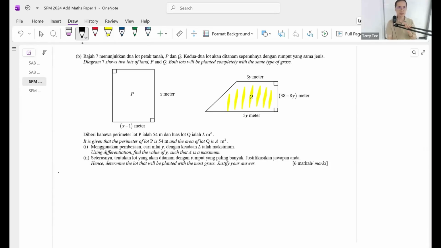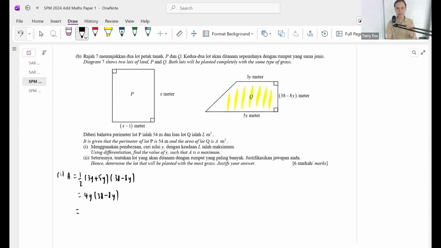Okay, so let's begin. Part one. The formula for the area of a trapezium is half the sum of the parallel sides. Your parallel sides are 3y and 5y added together, and the height of your trapezium is 38 minus 8y. So that is 8y; if you times half, that gives us 4y times 38 minus 8y.